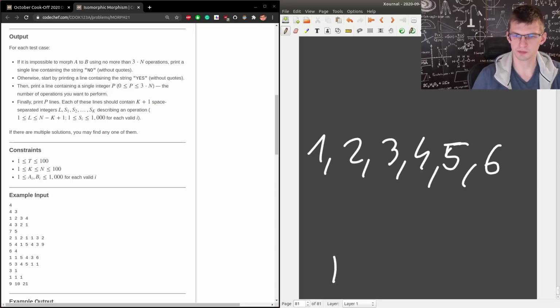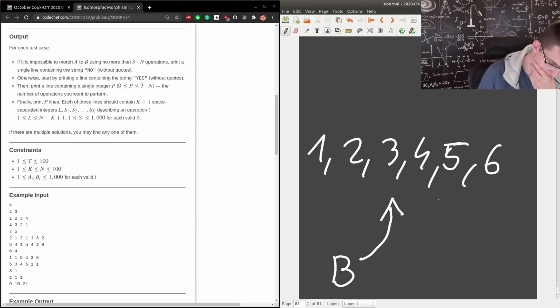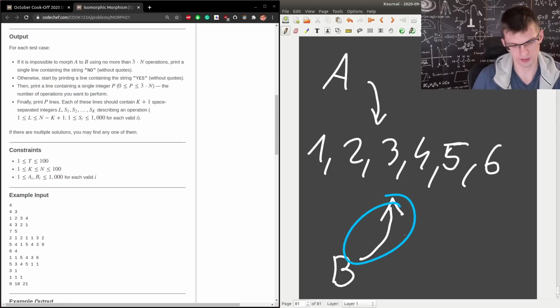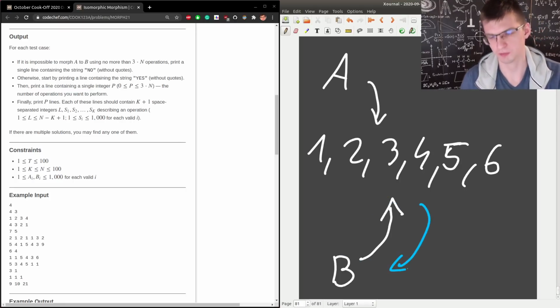Oh, I can go from the sequence B, get this, right? And I can reverse operations. And I can reverse that part and make this.